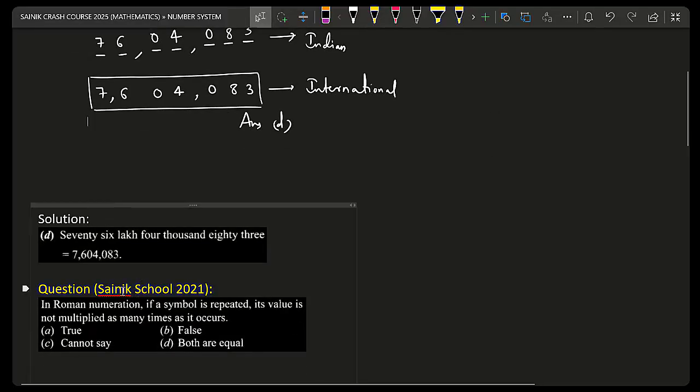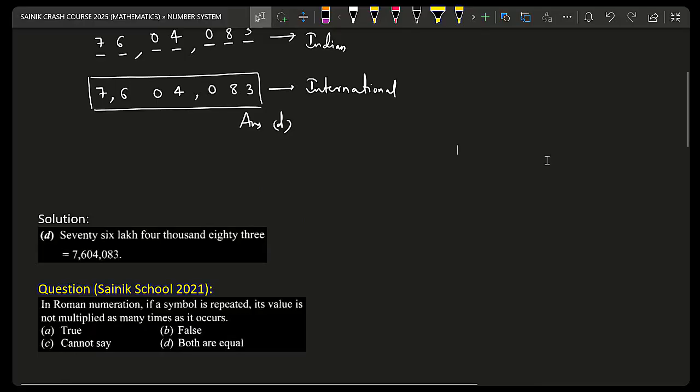The next question is: in Roman numeration, if a symbol is repeated, its value is not multiplied as many times as it occurs. Raise your hand if you want to give the answer. Aditi, you said option B for the previous question. That was the wrong answer. Option D is correct. All of you read this question and try.